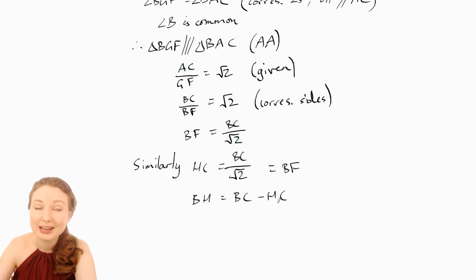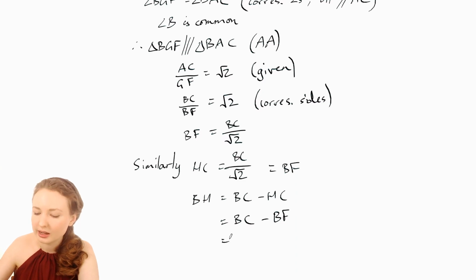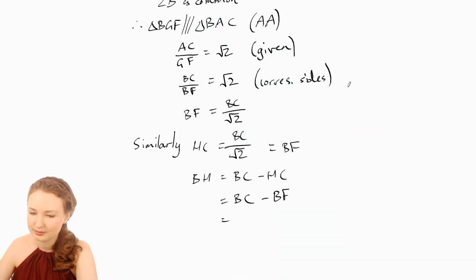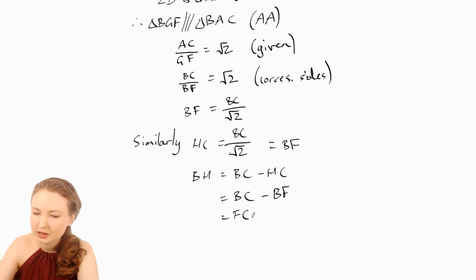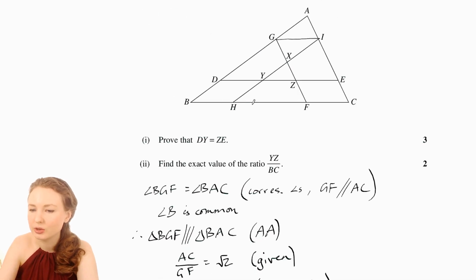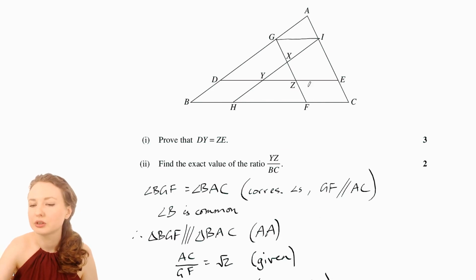So I can replace HC in this equation with BF. So we could say BC minus BF. And then BC minus BF is FC. Okay, so now we've shown that BH equals FC. And now we just have to say that these are parallelograms. So that equals that, and that equals that.